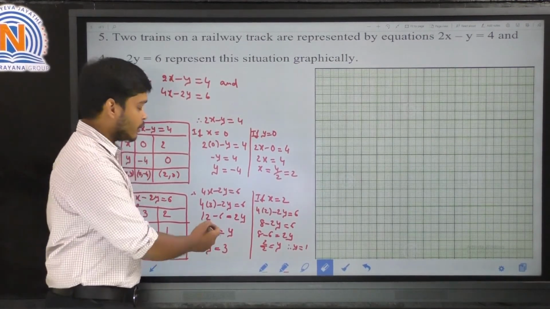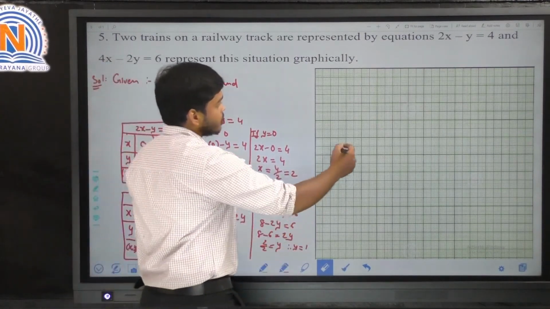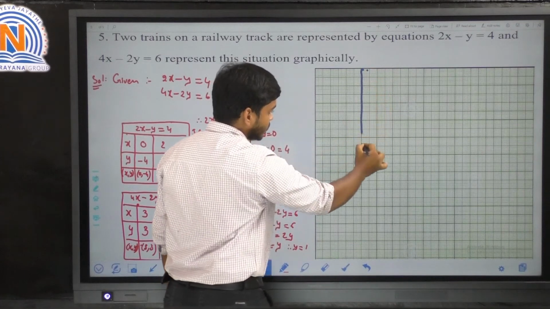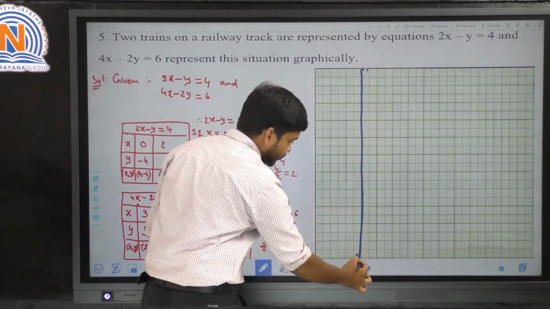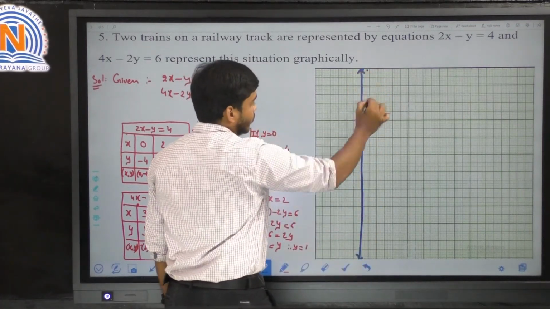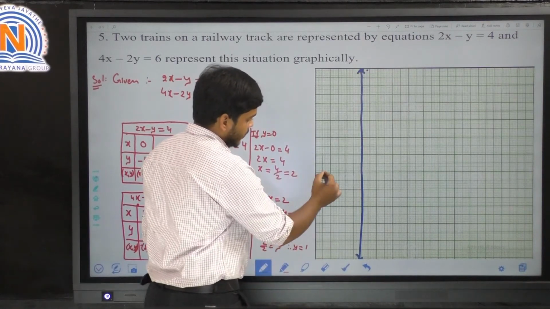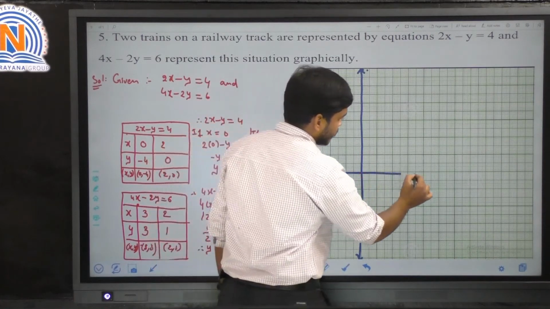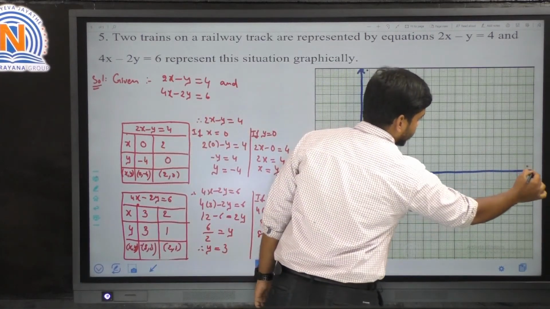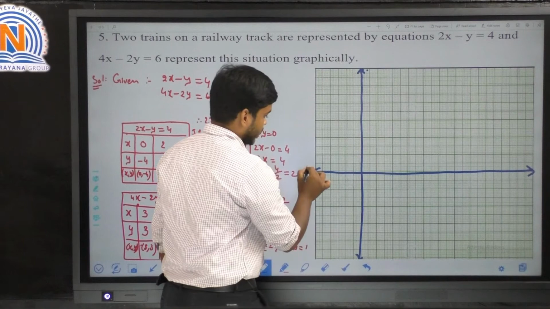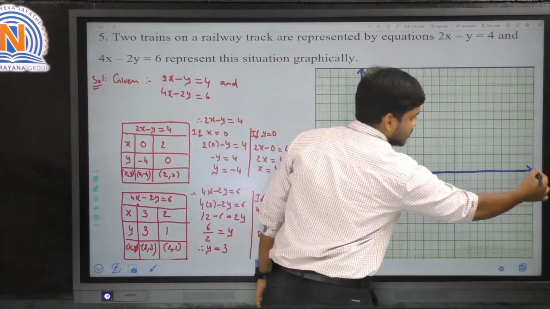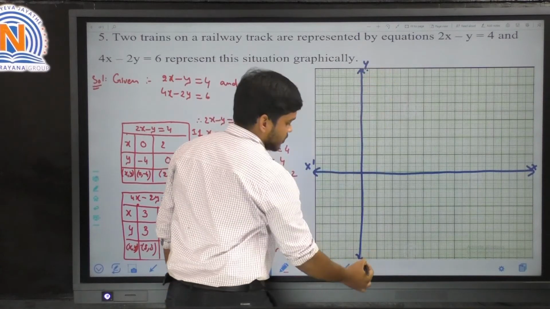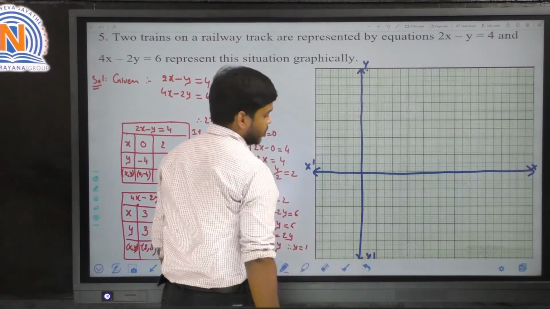Now we will discuss the graph. So first I am taking the y-axis and x-axis, negative x-axis and positive x-axis, and positive y-axis and negative y-axis.